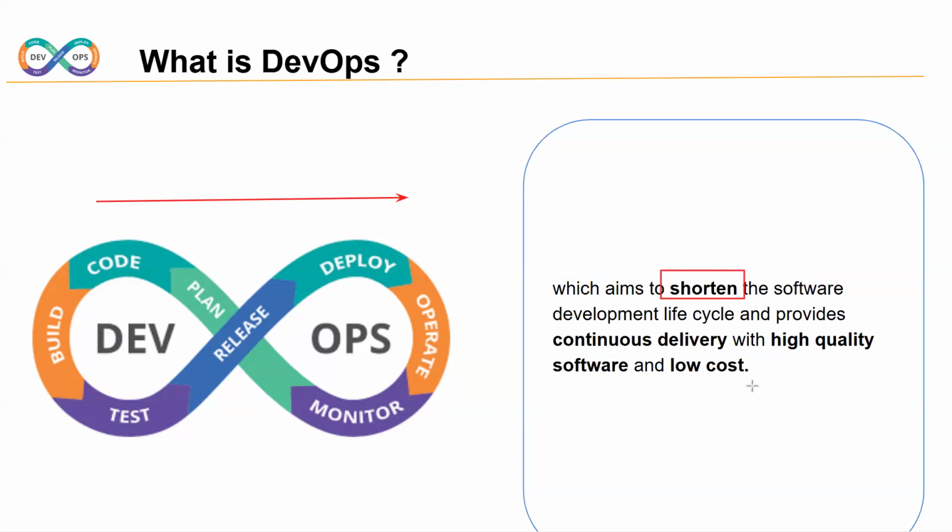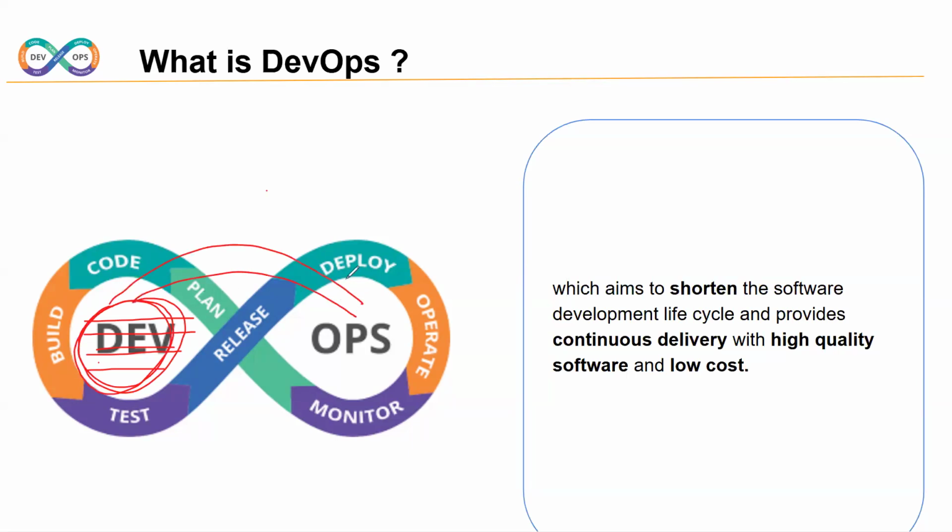For example, developers keep on writing lines of code, am I right? These lines of code we deliver into the production environment within the shortest time, with high quality and low cost.